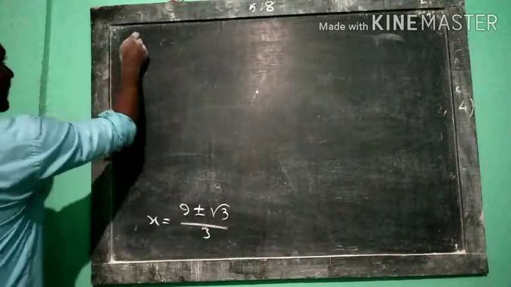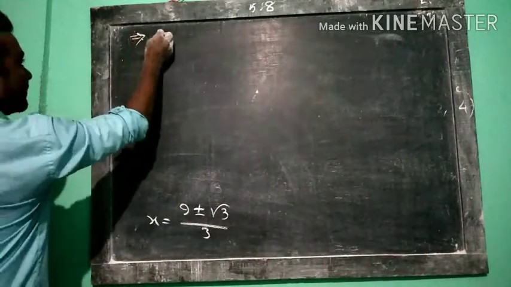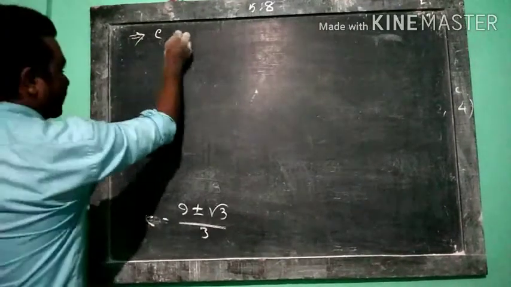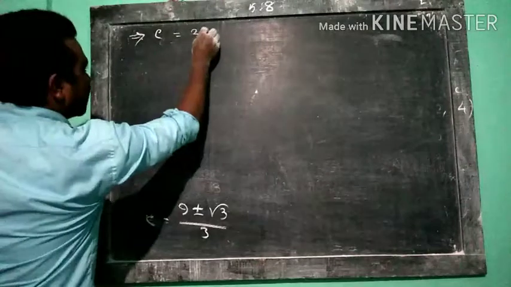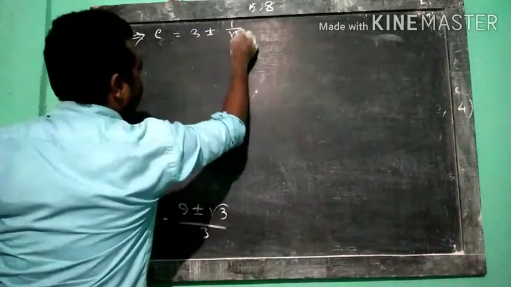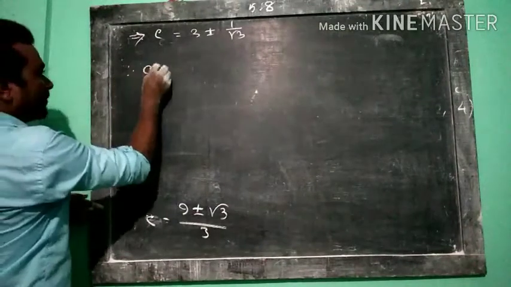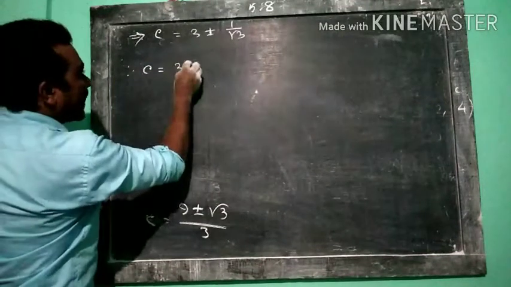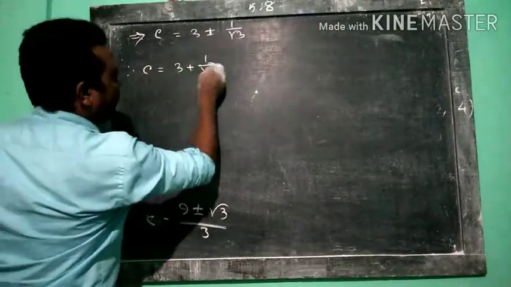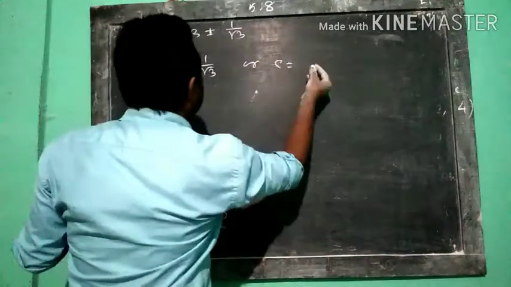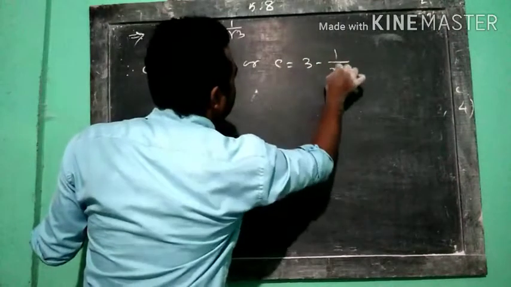So c equal to 3 plus or minus 1 by root 3. Therefore c equals either 3 plus 1 by root 3 or 3 minus 1 by root 3.